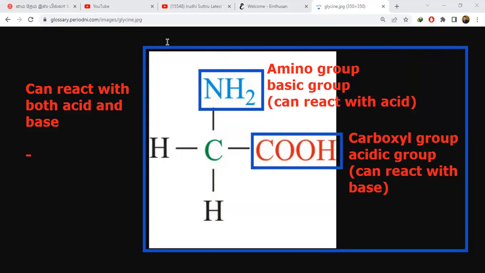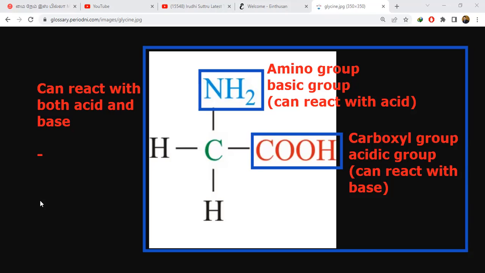An amino acid can react with both acid and base. If you put the acid, the amino group will react with it. If you put the base to it, the carboxyl group will react with it. Overall, an amino acid can react with both, what is it?